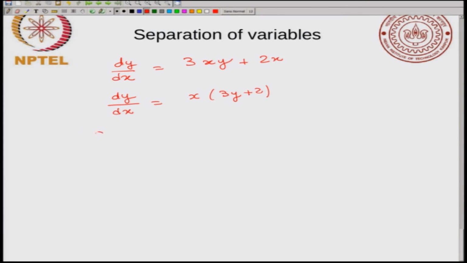Then you collect all the y terms on one side: dy divided by (3y plus 2) is equal to x dx.